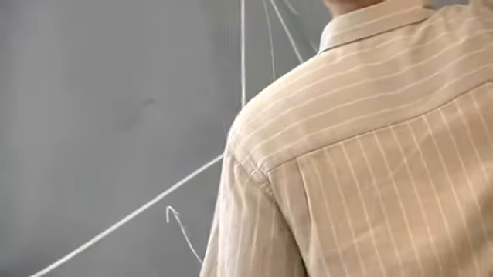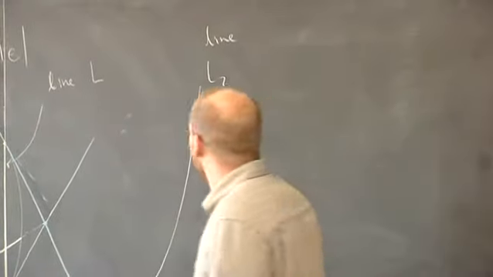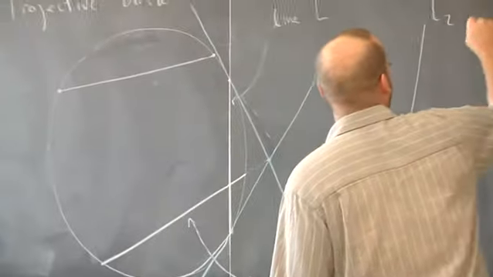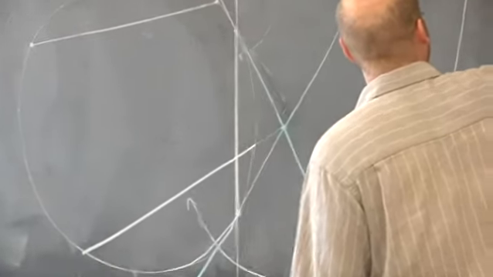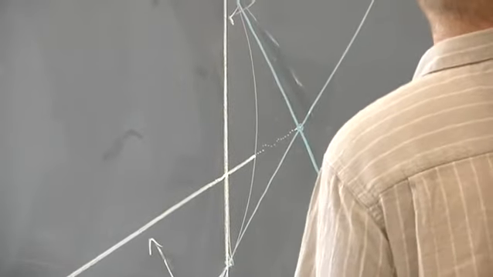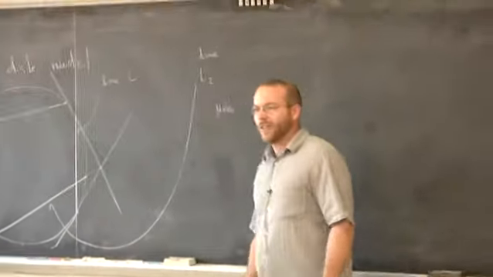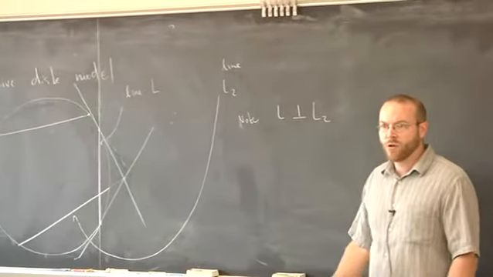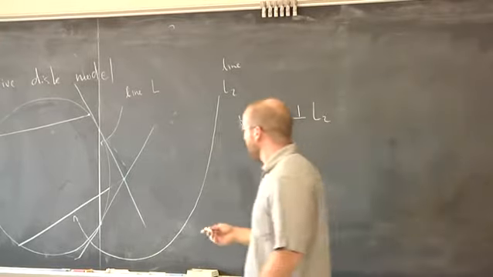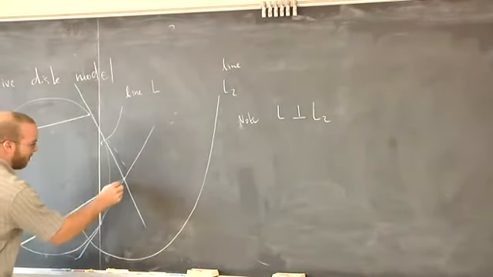It's a line. By definition, it's a line. It's just a chord. And it is perpendicular. So note, L is perpendicular to L2. So this is really weird, you see. There is a line that you can see the angle better.